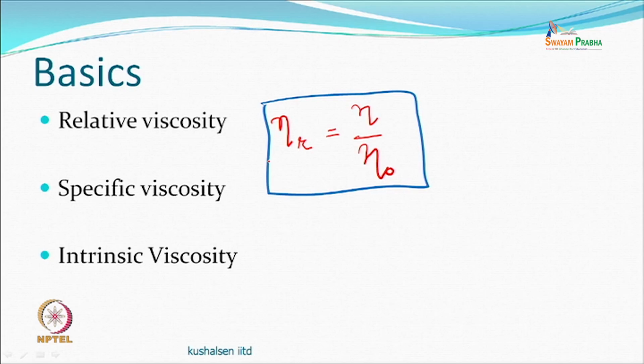So eta 0 is the solvent, and eta is your actual measured value. This term is defined as relative viscosity, which is sometimes used more often than the actual values, right. So you know the solvent, you measure viscosity and say, well, this is the relative viscosity.